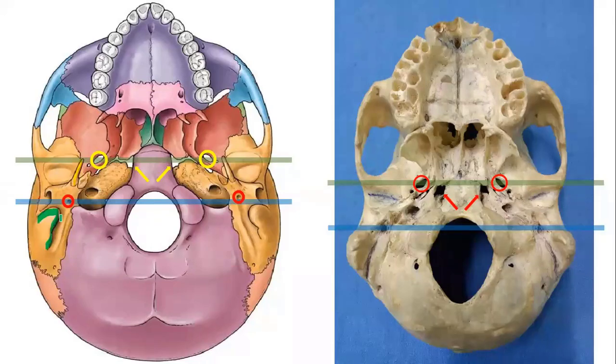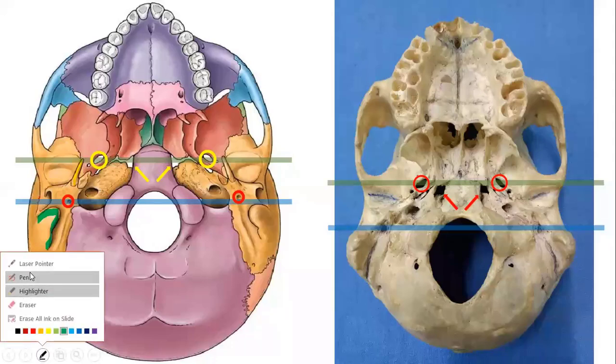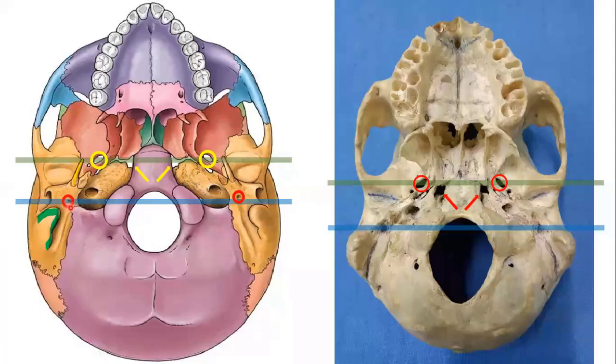So now you will be able to tell me the name of this foramen. So that is the stylomastoid foramen. Okay. So basically the posterior imaginary line is passing through this stylomastoid foramen on each side. Okay. Here you can see the stylomastoid foramen in the real skull.